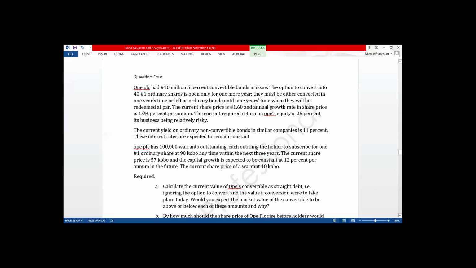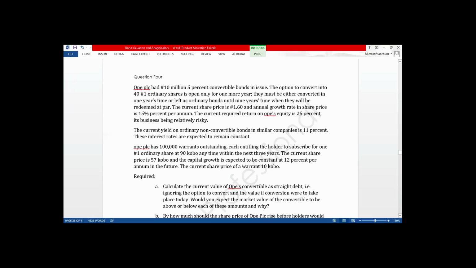PSC has 10 million naira, 5% convertible bond in issue. The option to convert into 40 1-naira ordinary shares is open for 1 more year.